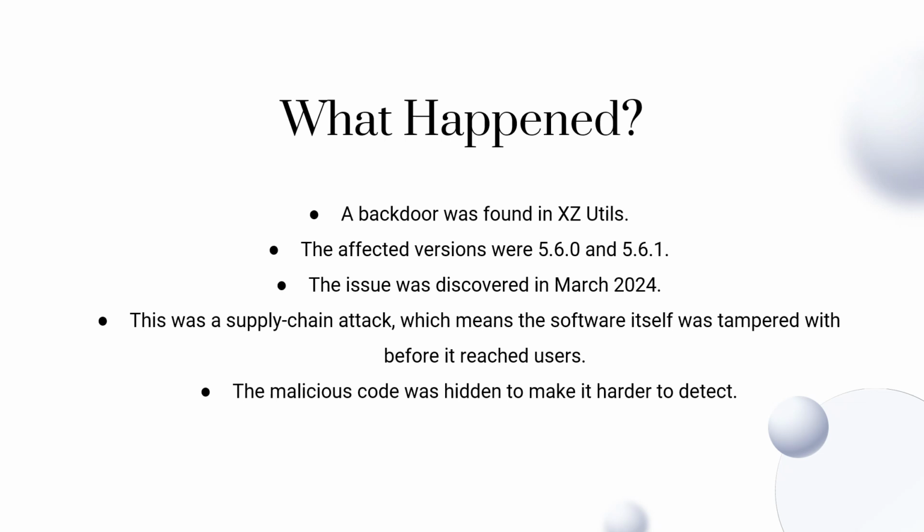That makes it especially dangerous because people normally trust software that comes from an official source, and the backdoor wasn't that obvious at first. It was hidden carefully, which helped it avoid detection for a while. When a security researcher discovered this suspicious behavior with the files and software, it led to a public issue and disclosure.